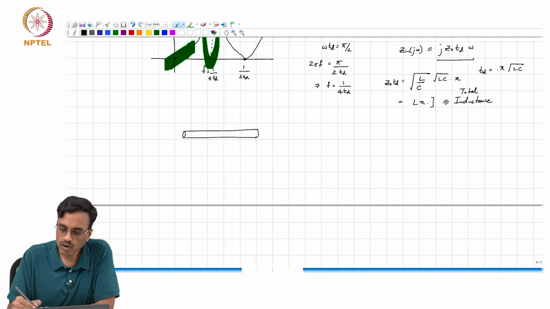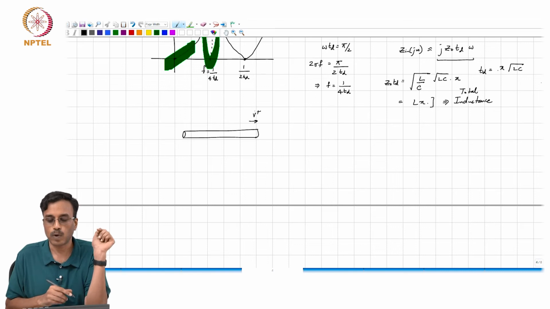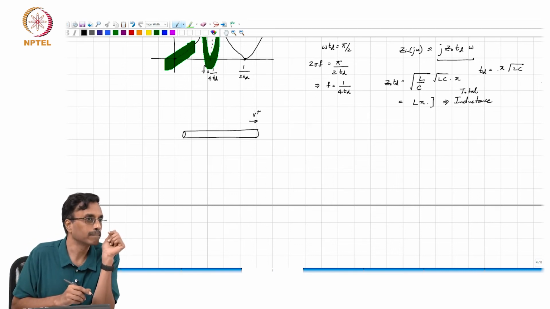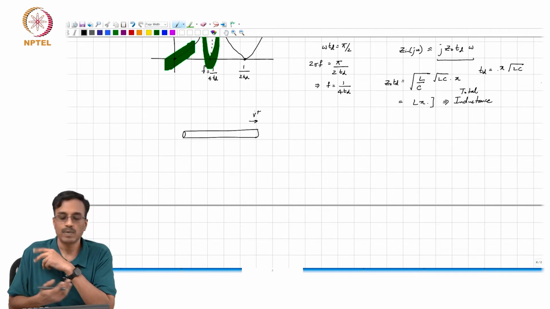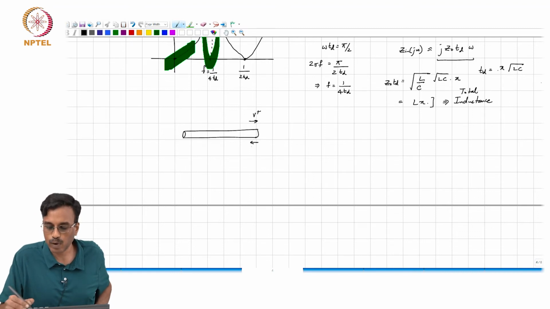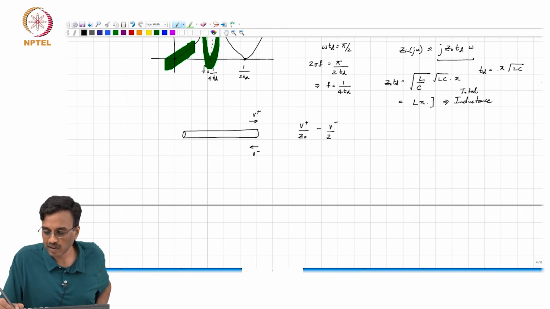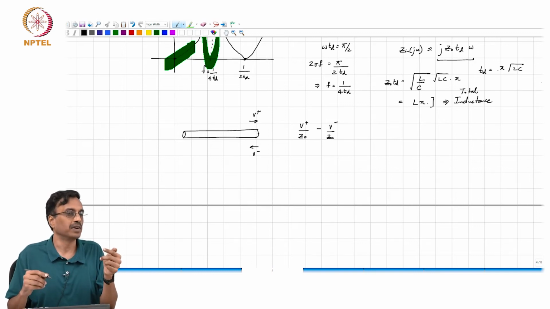The current is 0. So, if this is V plus, the current flowing corresponding to the forward wave is V plus by Z naught, and the current in the backward wave, this is V minus. So, V plus by Z naught minus V minus by Z naught, that is the total current flowing out of the transmission line.